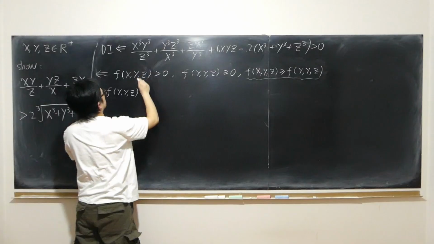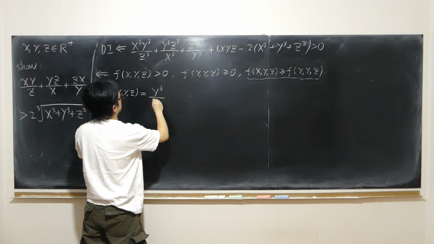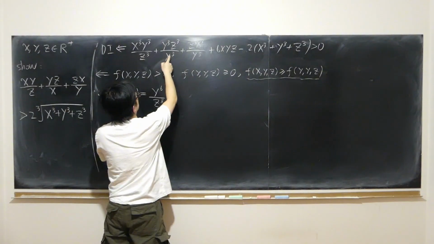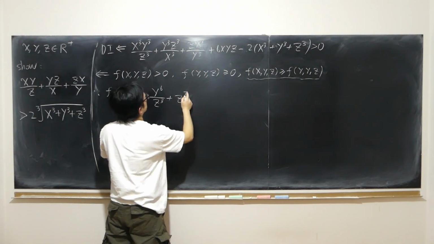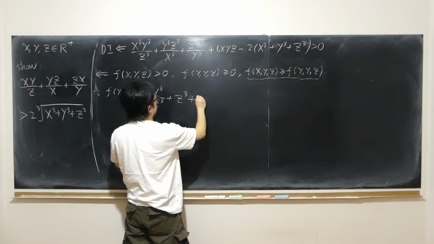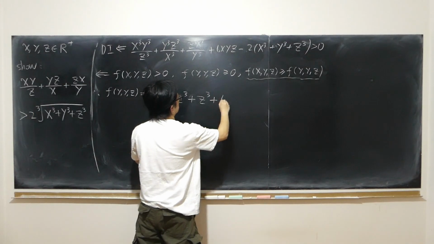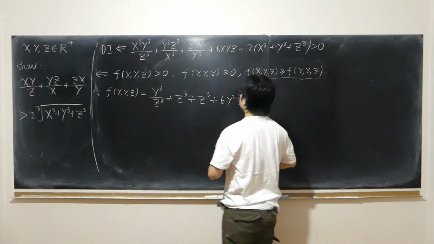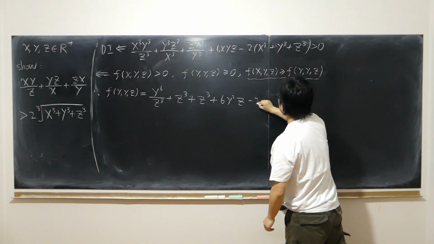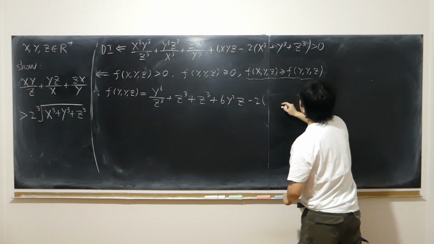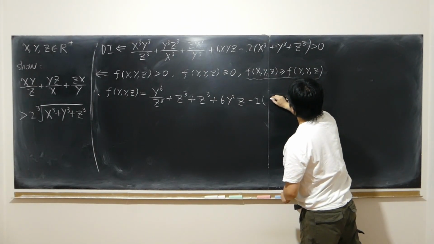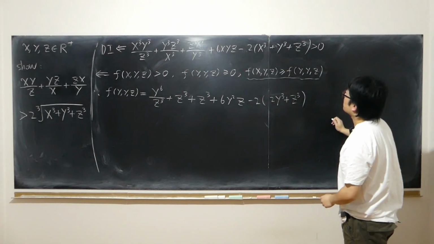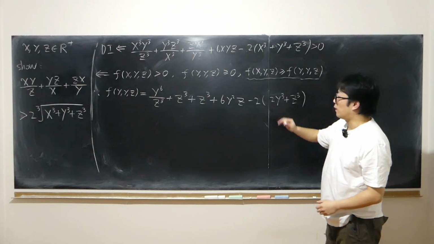So here we have y to the 6 over z cubed plus y cubed z cubed over y cubed, another z cubed, plus 6y squared z minus 2 times y cubed plus z cubed. So when you replace x with y everywhere.